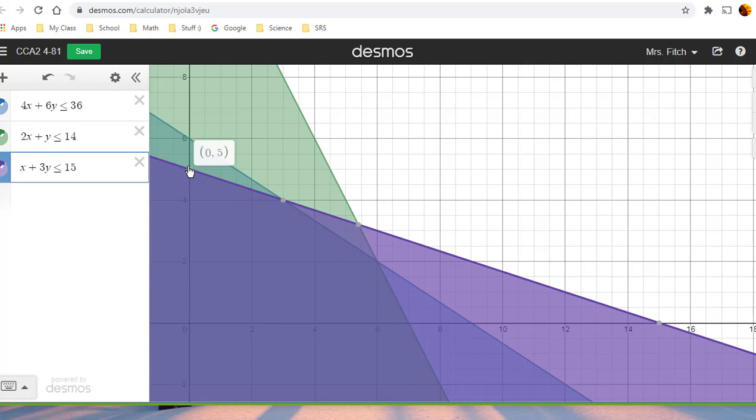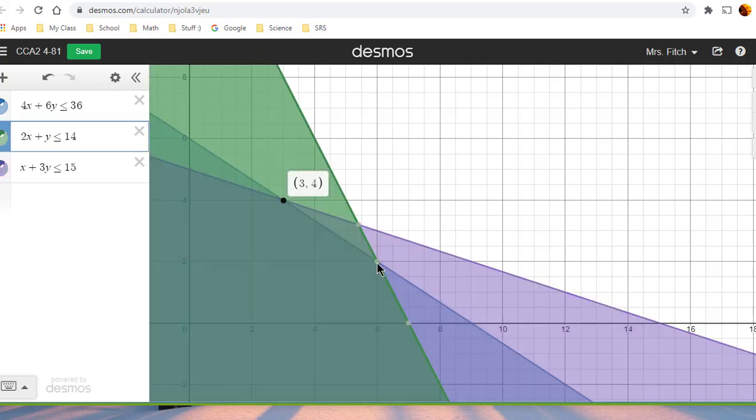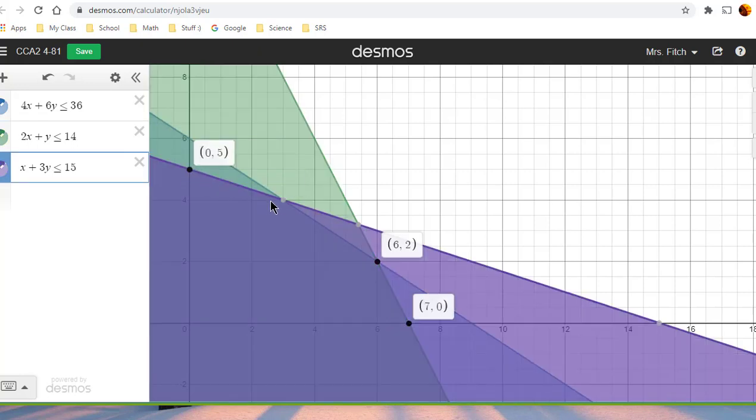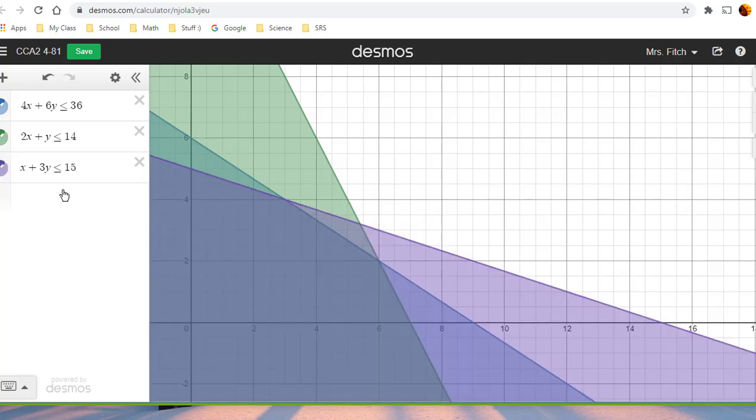So we could have 0 cars and 5 trucks. These would be our little boundaries. The 3, 4, the 6, 2. Oh, I can get them to stay? Okay. Or technically, I have to throw that in there.